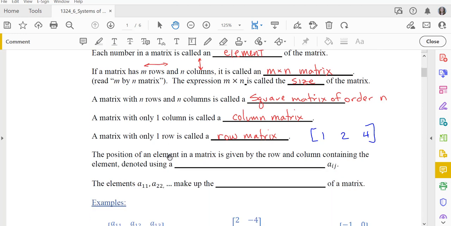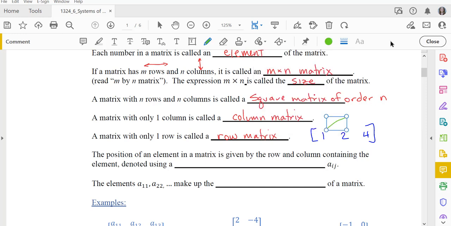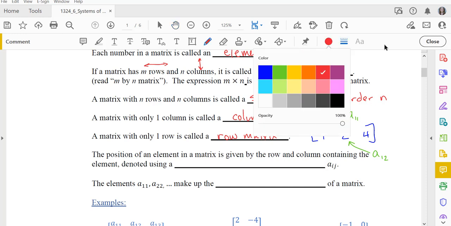Okay, keep going. The position of an element in a matrix is given by the row and column containing the element. So again, this would be element A11. This one would be element A12. First row, second column. So let's fill in the blank.